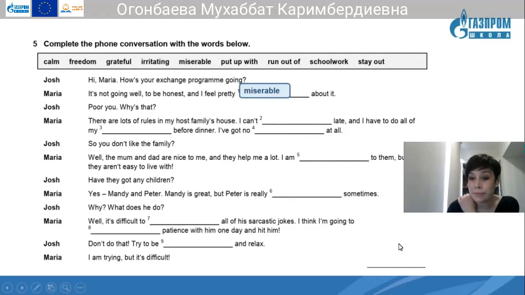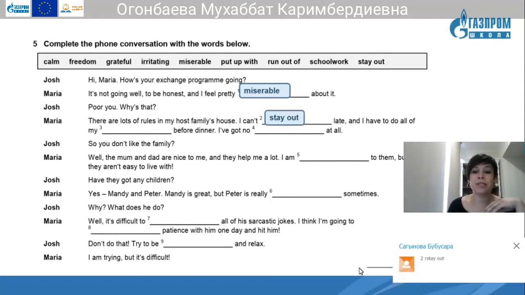I can't... late. I have to do all of my before dinner. I have got no at all. So, second, I can't stay out, Bhavasara.